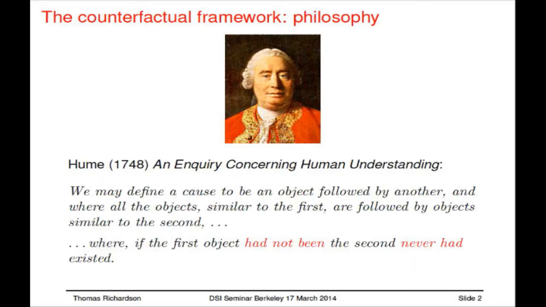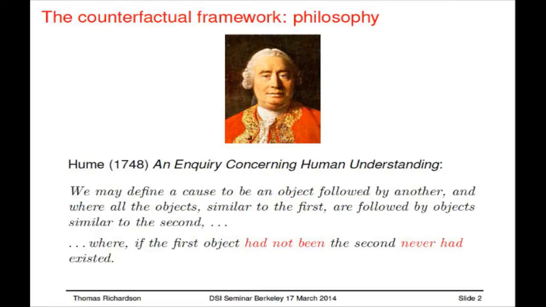And then he goes on and he adds this qualification where he says, "Where if the first object had not been, the second never had existed." Okay, so he's switched into using a subjunctive mood here. He's not talking about what actually happened, but what would have been observed had things been different.